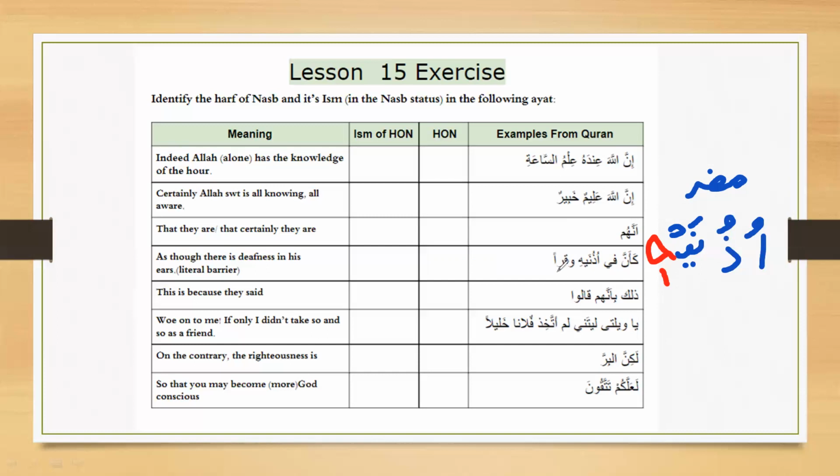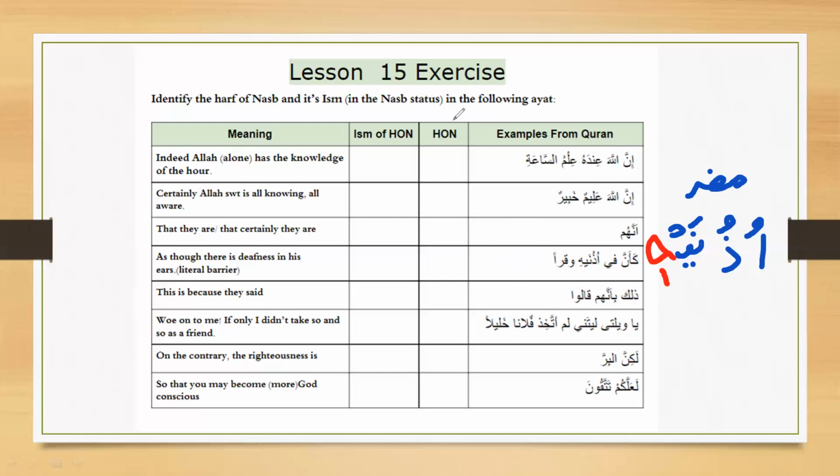Now we have waqaran. Waqaran is one ism which is nasb in status with unsound. Okay, so ka'anna is the harf of nasb, and waqaran is the ismu ka'anna.